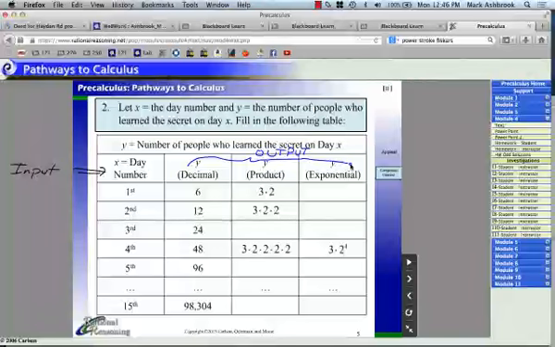What is doubling and what does it give us when we double it? Really crucial here. So volunteer. We're doubling what to get what?